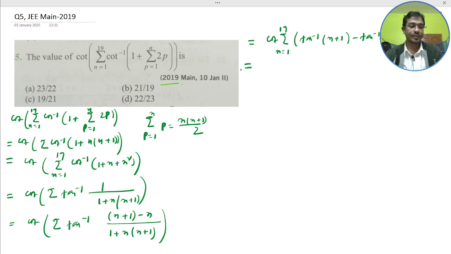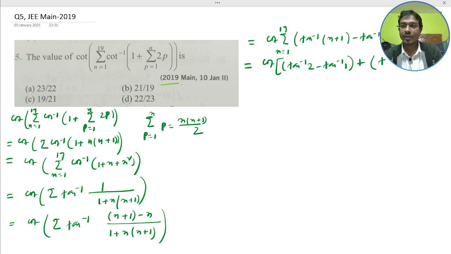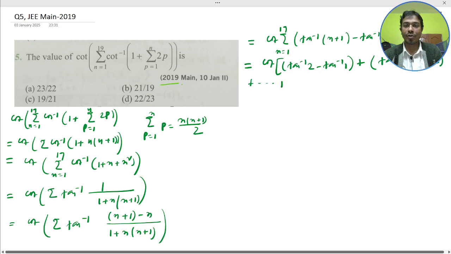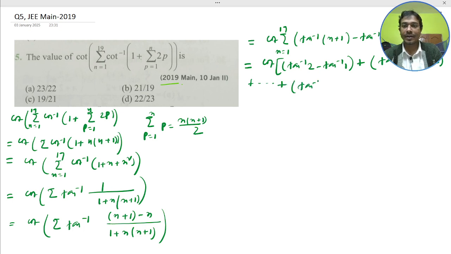Now we just separate the summation, so cot of tan inverse 2 minus tan inverse 1 plus tan inverse 3 minus tan inverse 2 plus dot dot plus the last element tan inverse 20 minus tan inverse 19.